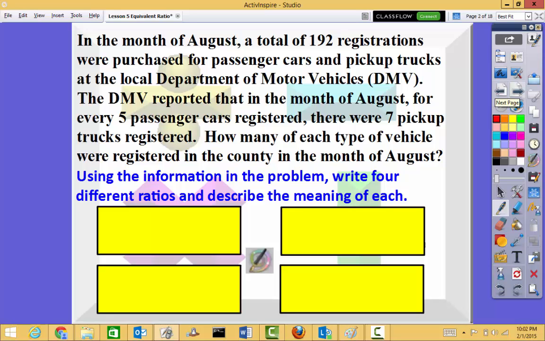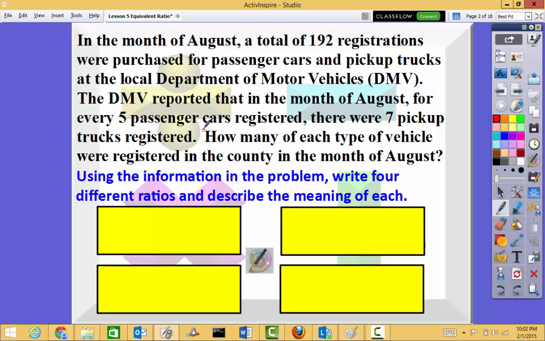In the month of August, a total of 192 registrations were purchased for passenger cars and pickup trucks at the local DMV, or Department of Motor Vehicles. The DMV reported that in the month of August, for every 5 passenger cars registered, there were 7 pickup trucks registered. How many of each type of vehicle were registered in the county in the month of August?